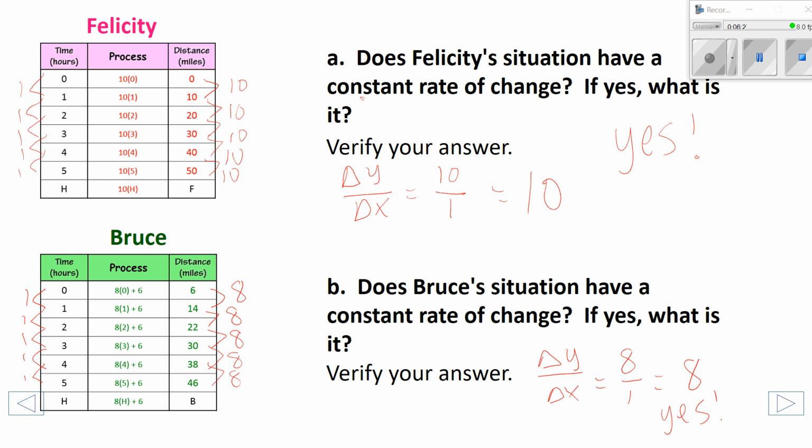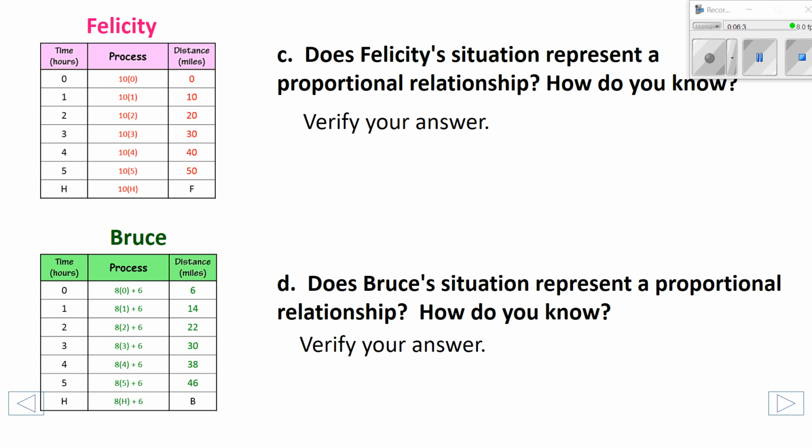So now we have another question. We're going to go and look at the tables now. Now we're going to ask, does this represent a proportional relationship? Proportional relationship means that we have the y over x. So remember, this is your constant of proportionality, your y over x, not the change in y. So when you come over here, is 10 over 1, right?